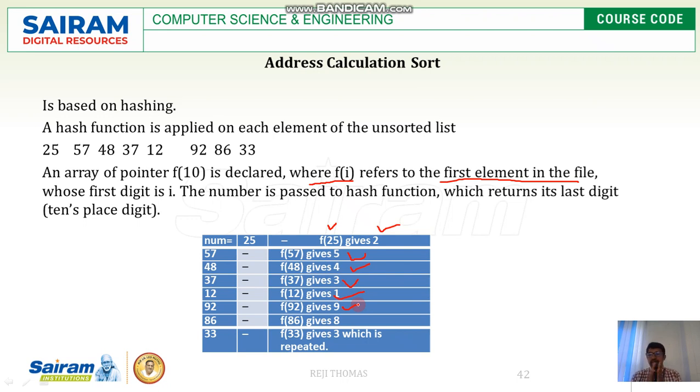This is the hash technique we use to arrange the numbers in address calculation sort. Please remember we use a technique called hashing, and hashing is going to give you the ith element in a given digit.